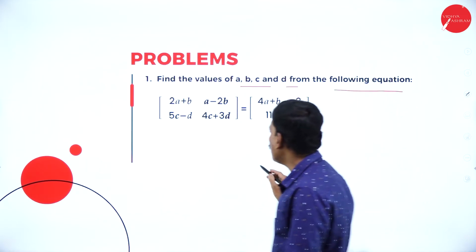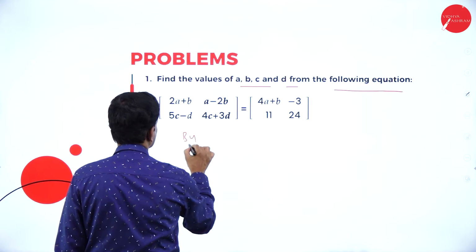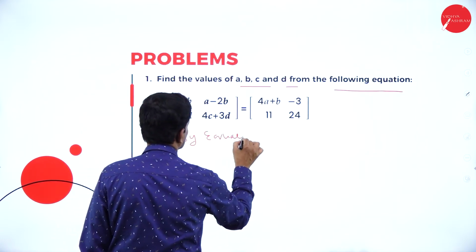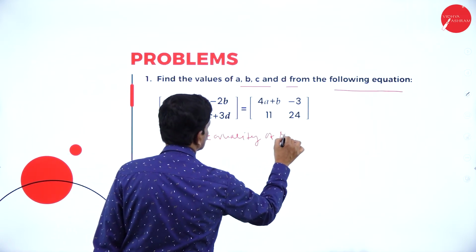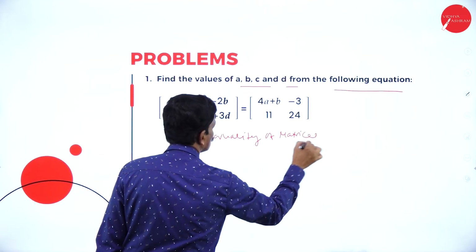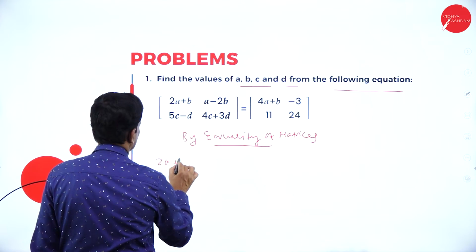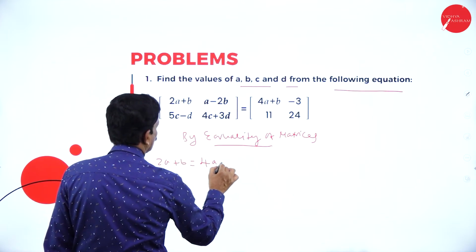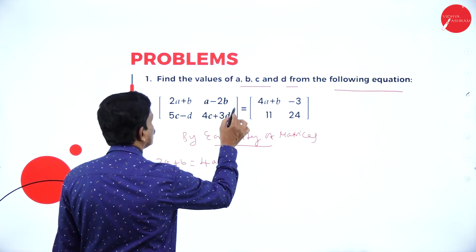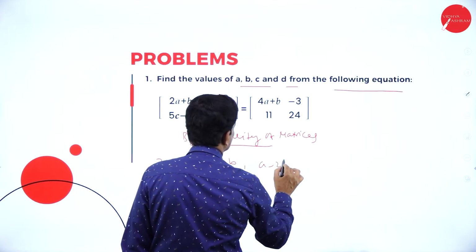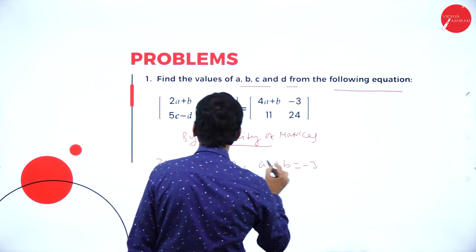Now, just by equality of matrices, equate it. 2A plus B is equal to 4A plus B, and A minus 2B is equal to minus 3.